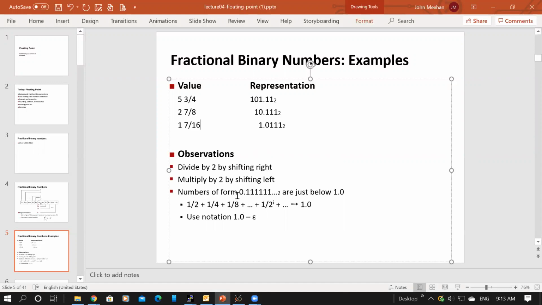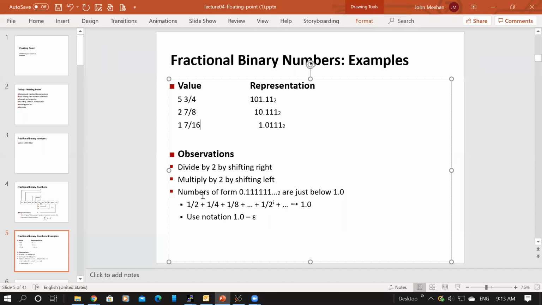So numbers of the form 0 dot a bunch of ones or whatever, and then this little 2 means base 2, are things that are real close to 1, right? They're just adding up a bunch of fractional parts, asymptotically approaching 1, the more positions you would have, but you never quite get to 1, right?